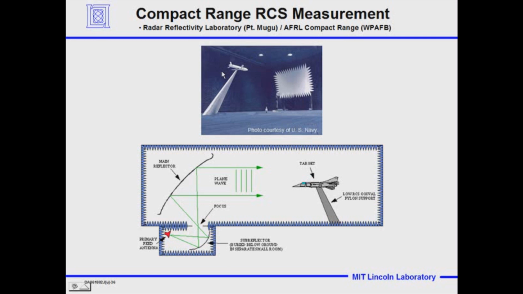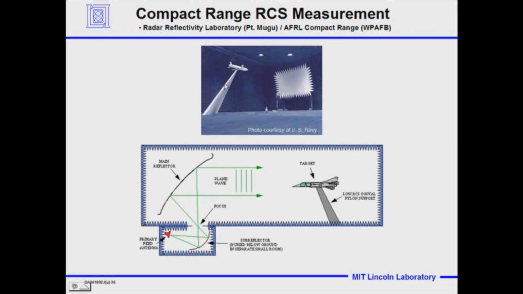Here we see a photograph of a U.S. Navy compact range. This Navy range is at Point Mugu, California. And below it is a schematic of a compact range at the Air Force Research Laboratory at Wright-Patterson Air Force Base.